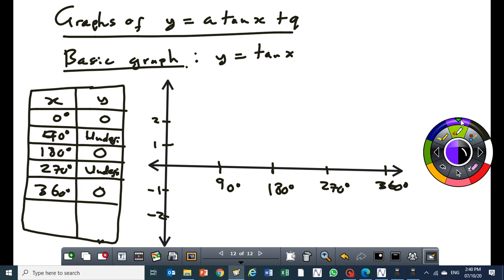Tan 45 is 1, so the graph, first thing, we put the asymptote at x equal to 90 because when x is 90, y is undefined. So we have an asymptote. Also, when x is 270, y is undefined, we have another asymptote.